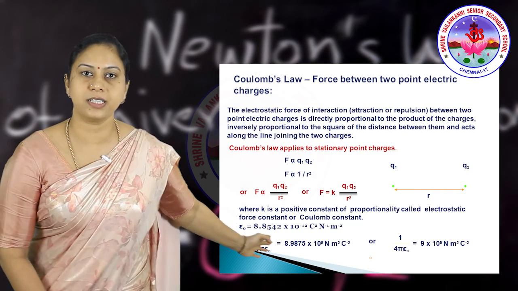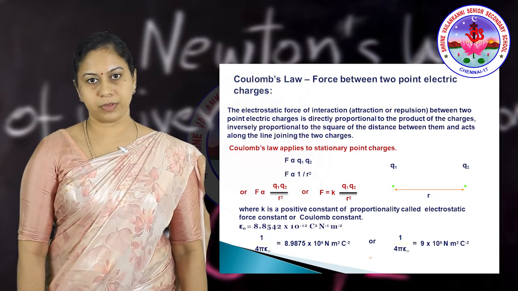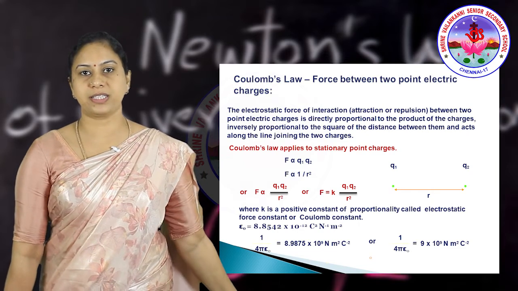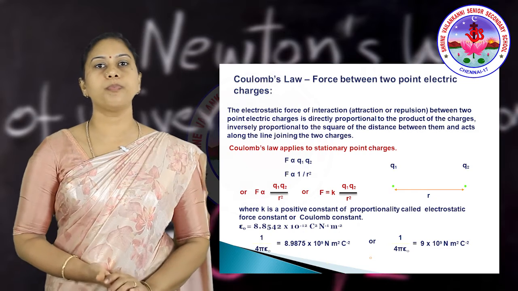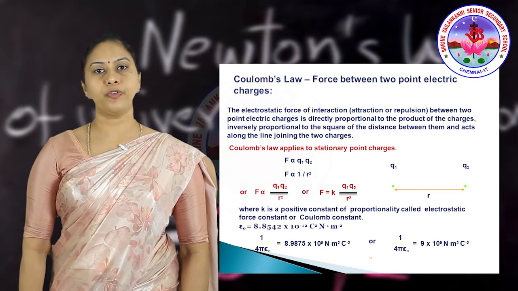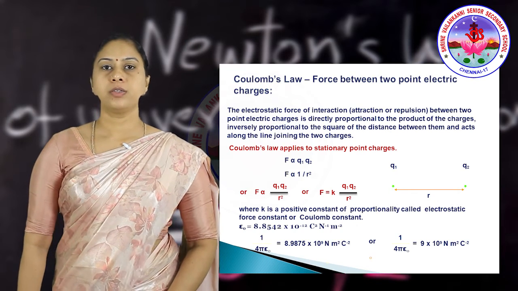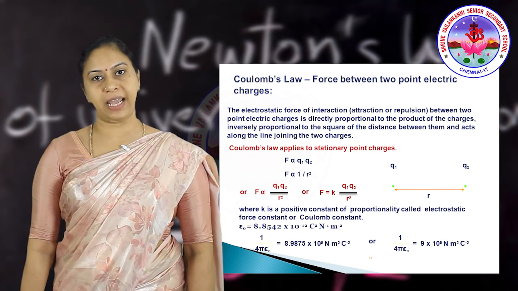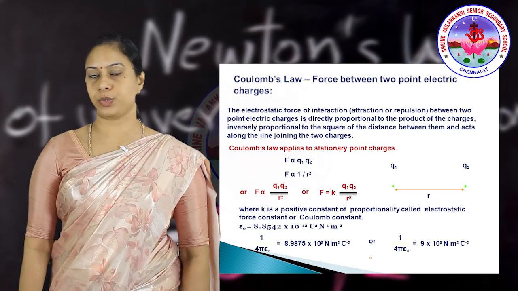So we can say F equals K Q1 Q2 by r square, where K is the proportionality constant, the Coulomb constant. The value of K equals 1 by 4 pi epsilon naught, which is equal to 9 into 10 power 9 newton meter square coulomb power minus 2.